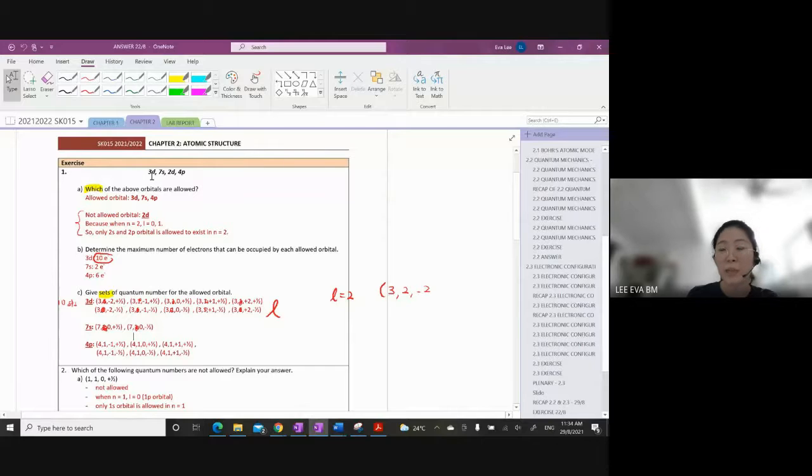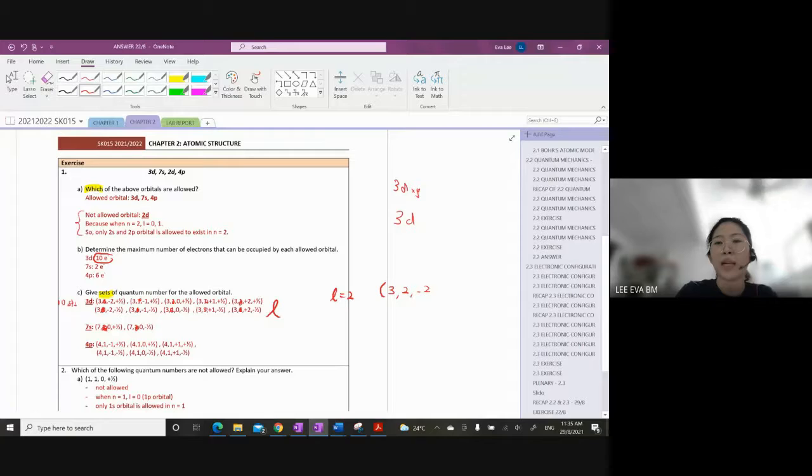For over here, they didn't mention 3D xy or 3D yz. If let's say I say 3D xy, this is considered 1 orbital, so maximum number of electrons is 2. But if I only mention 3D, that means inside 3D I have 5 orbitals. So maximum number of electrons 5 times 2, you got 10.